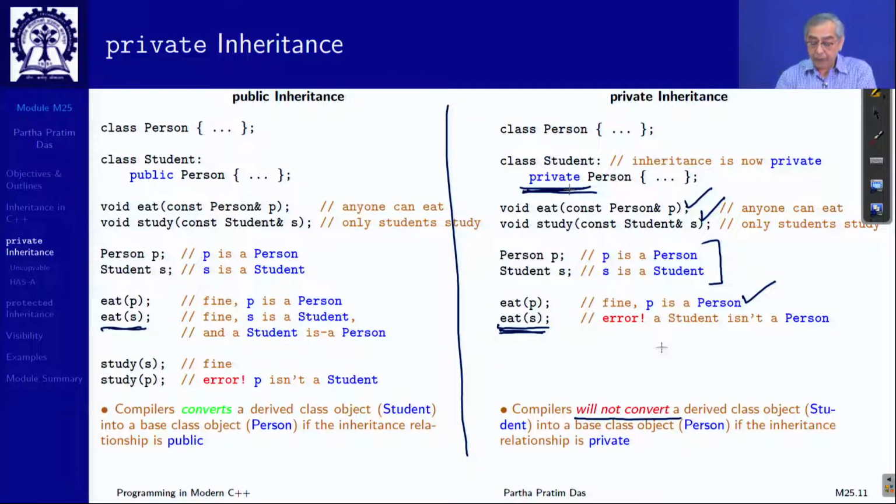So, by this student is not a person, it just happens to be programmatically related to the person class, and the compiler honors that by not allowing this conversion. So, poor student, he or she does not eat, right. So, this is the basic difference between public and private.